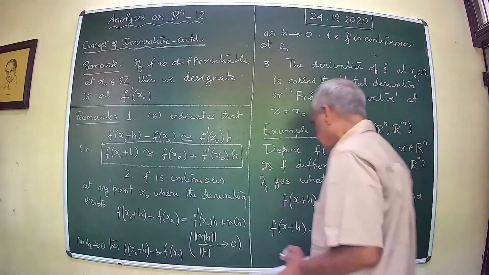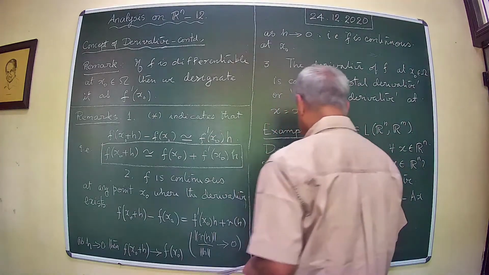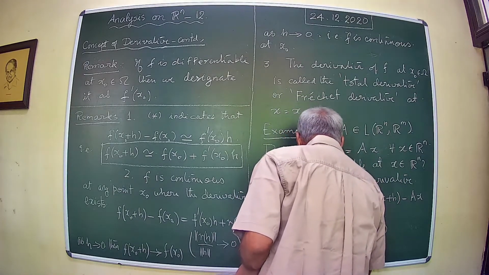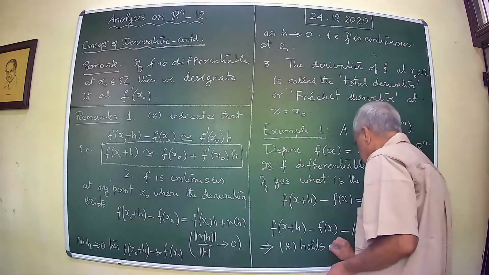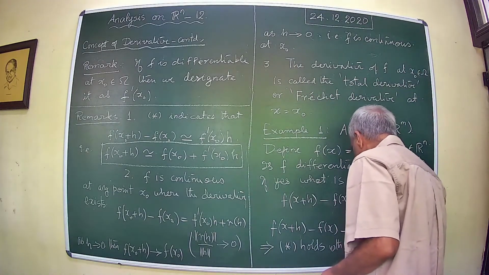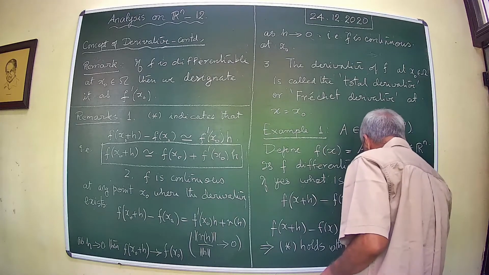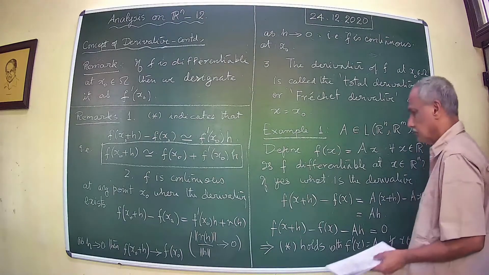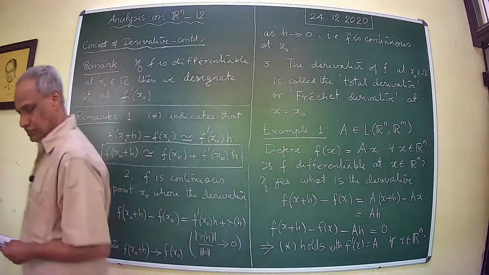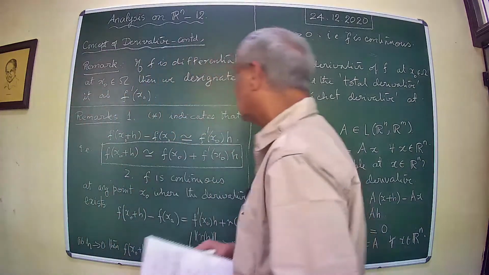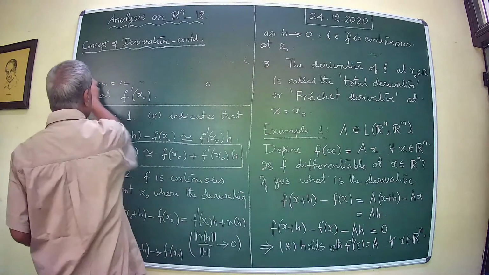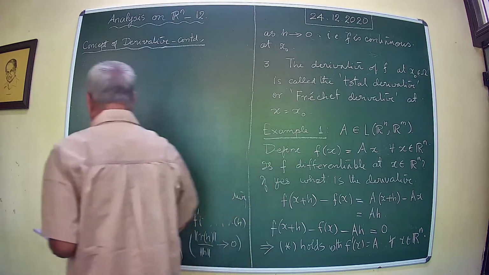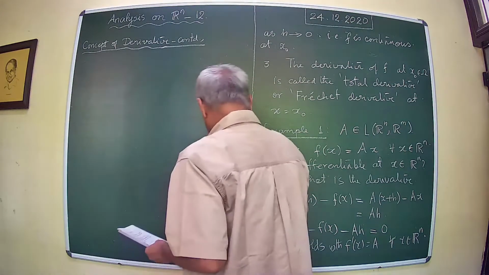This means the relation star holds for every x. In fact, you have a constant derivative. Okay, this shows that f has a derivative independent of x.